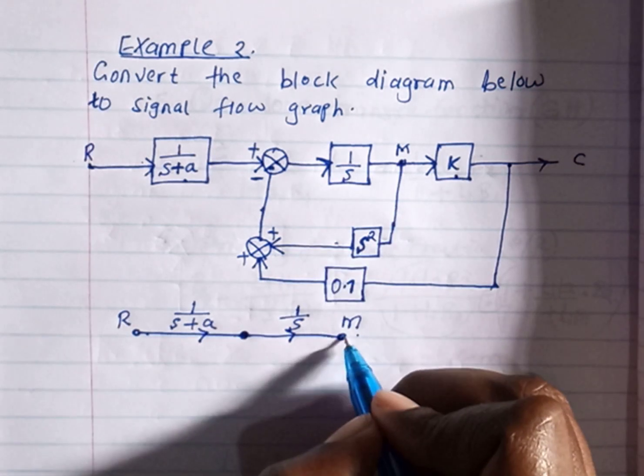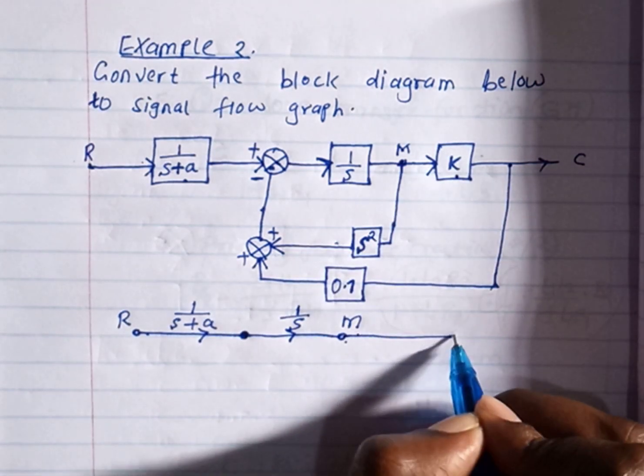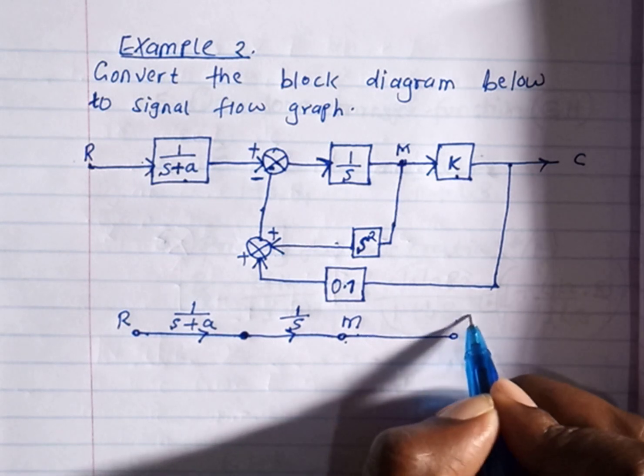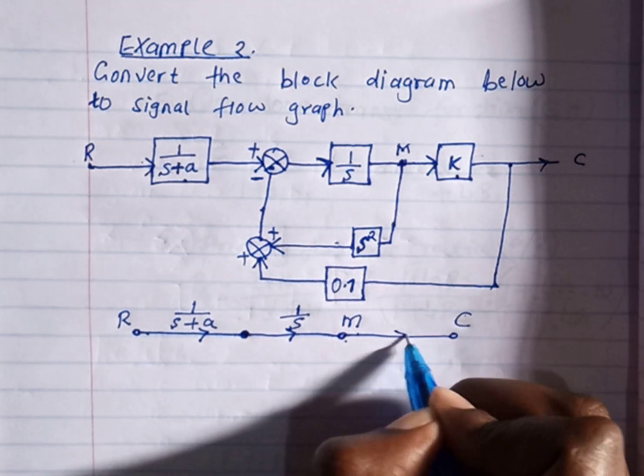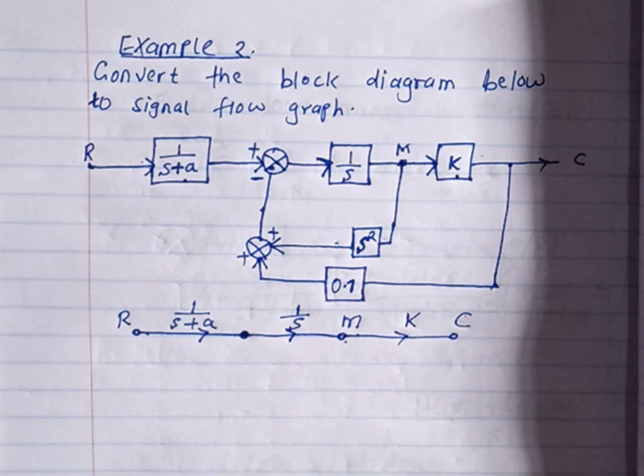So I just have from this point to another point. Of course, this is now my output. I'll have the gain K, like that. And then let us now look at what we have in the feedback path.